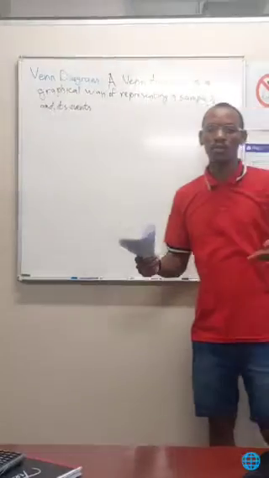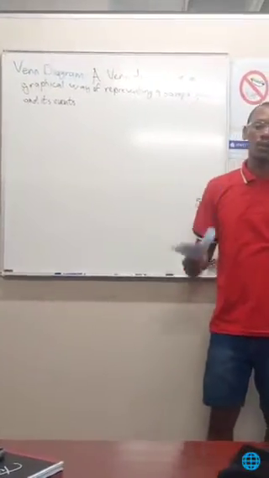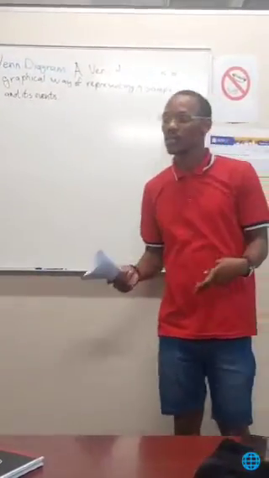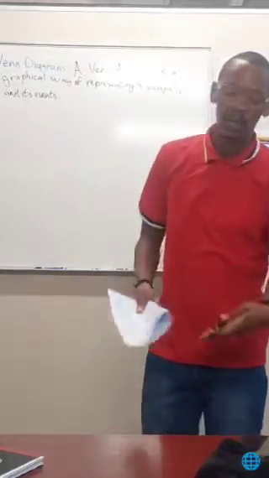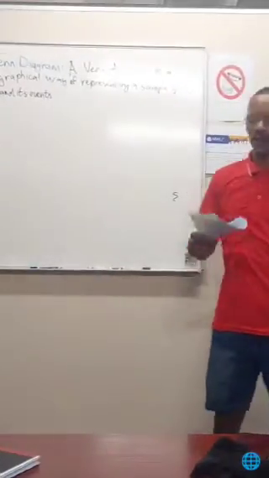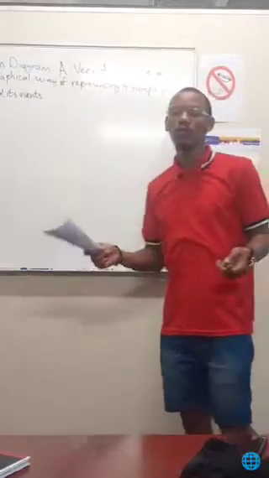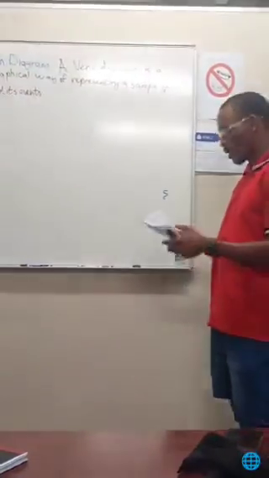So whenever we have a sample of something, after we calculate it, the way that we represent it in the form of a graph or diagram is called a Venn diagram. Correct? So now let's do one example of a Venn diagram.